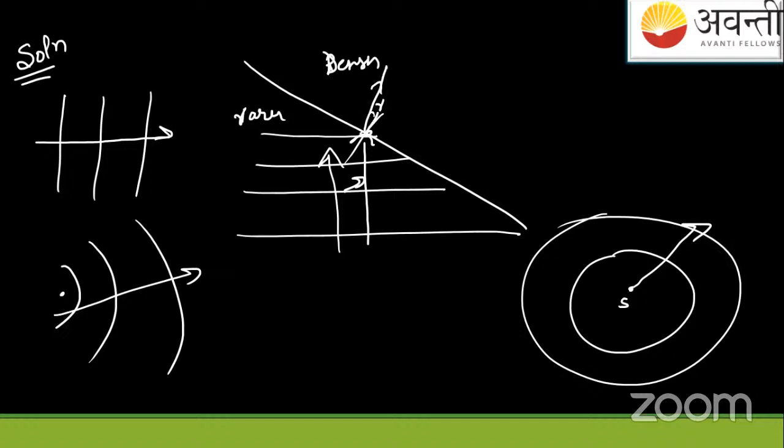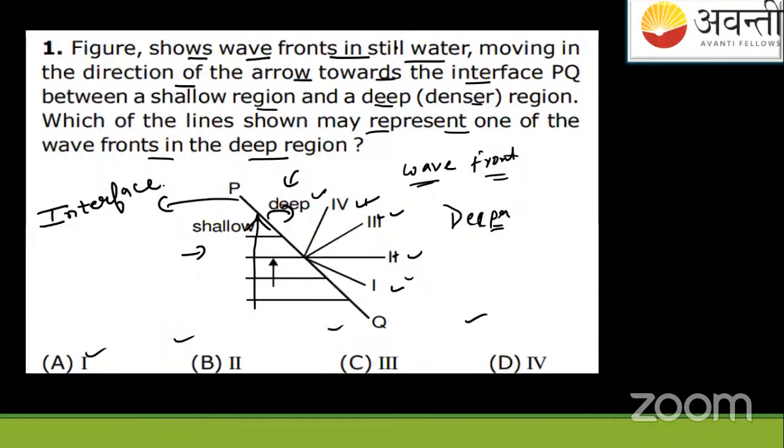So the wavefronts will follow this path. According to this, the fourth is the most precise option because it follows the laws of refraction, passing from a rarer medium to a denser medium. Is this clear, students?